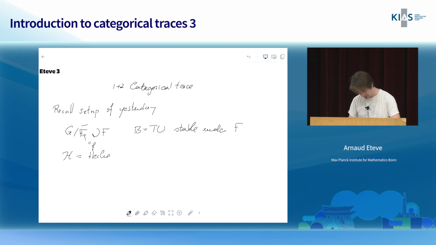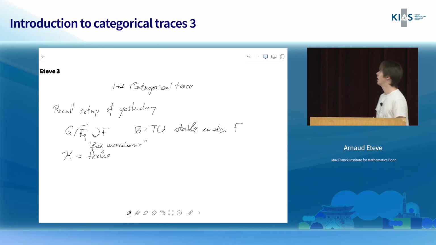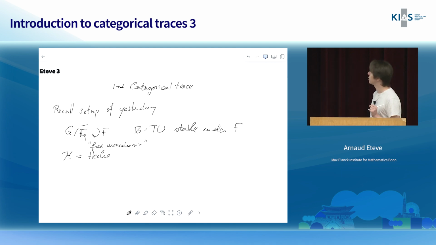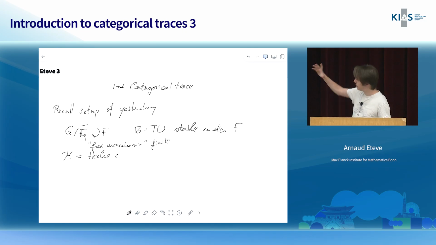I'm going to say free monodromic. It's a variant of the co-free sheaves that appeared yesterday when talking about Bezrukavnikov's equivalences. So the free monodromic Hecke category, maybe finite Hecke category, finite as opposed to affine.